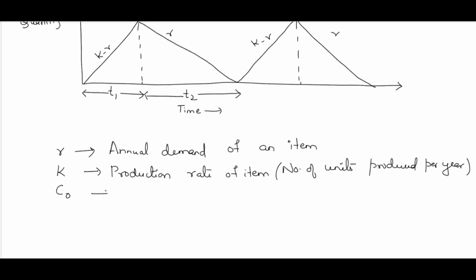CO is the ordering cost, or you can say cost per setup, because here you're not ordering things, you're producing within the plant itself. You have to do your setup and everything else, so that comes under setup cost per setup.